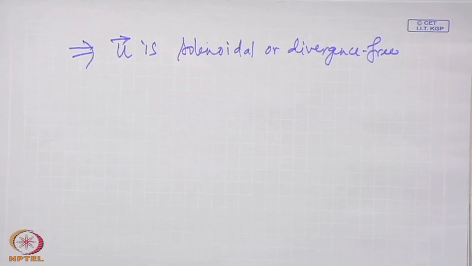Only those which are solenoidal, which satisfy this relation divergence of u equal to 0, can be a possible candidate for description of the velocity field. So, not any field can qualify as velocity field for a constant density flow. For a constant density flow, the velocity field has to be solenoidal or divergence free. So, it is basically a restriction imposed on the possible solution that will come.